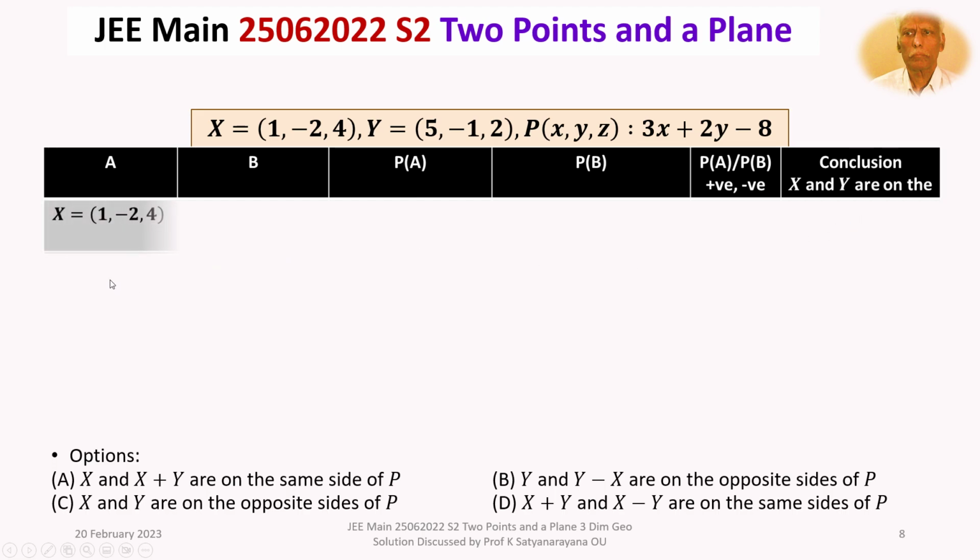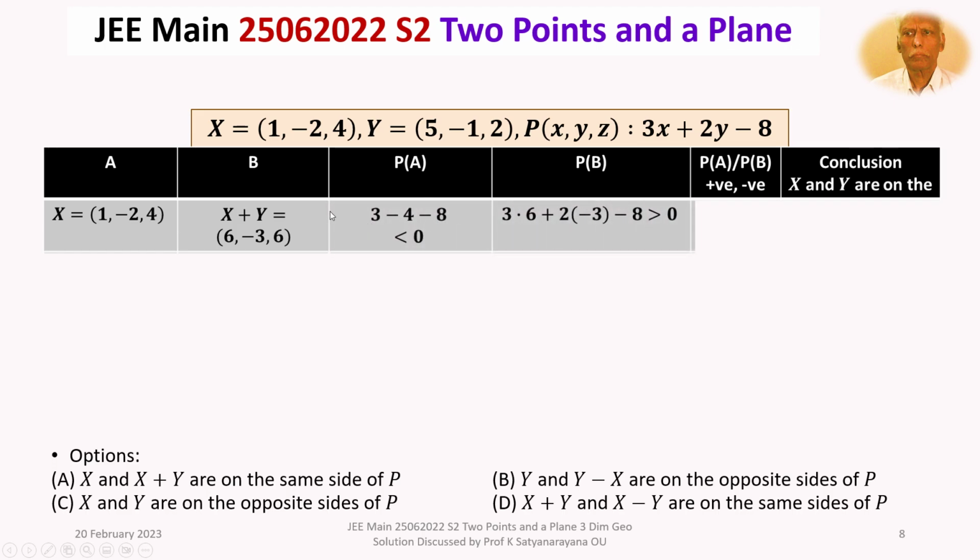Let's take the first case, option A. In option A, x and x plus y are given. x is 1, minus 2, 4. Adding x and y, we get x plus y as 6, minus 3, 6. Evaluate P at A, that is at 1, minus 2, 4: 3 into 1 plus 2 into minus 2 minus 8, which is negative.